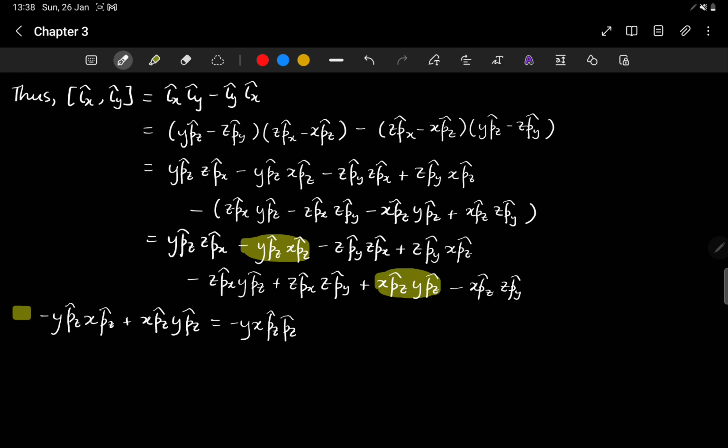Similarly, y can come out because pz does not act on y, because pz has the term del by del z, and del by del z will not act on either x or on y. It will only act on z. So similarly, y comes out again.